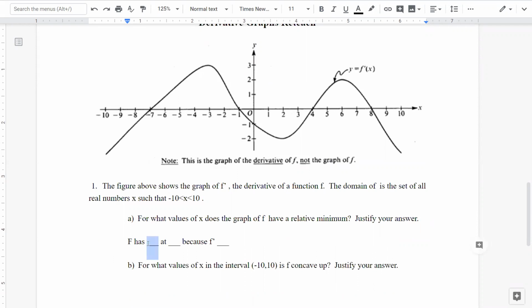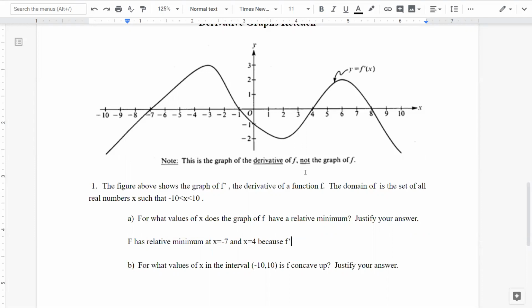So let's first talk about what f is doing here. f has a, what are we looking for? A relative minimum at, well, where did we find those relative minimums? I believe they're at -7 and 4. So x equals -7 and x equals 4 because, and now we're going to justify this by saying what f prime told us.